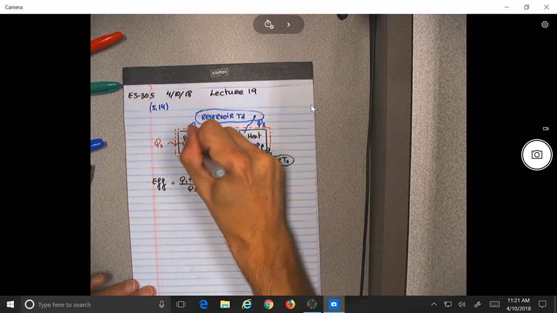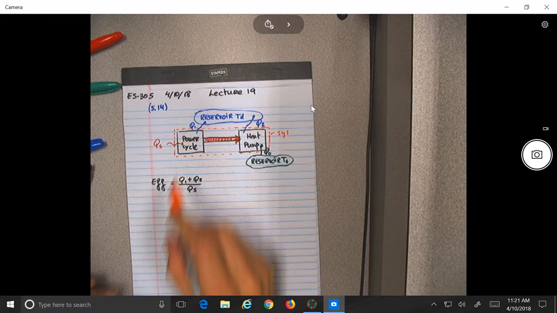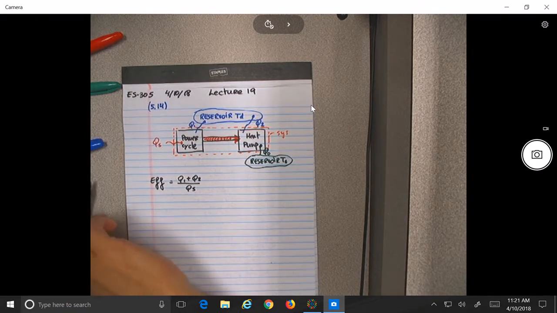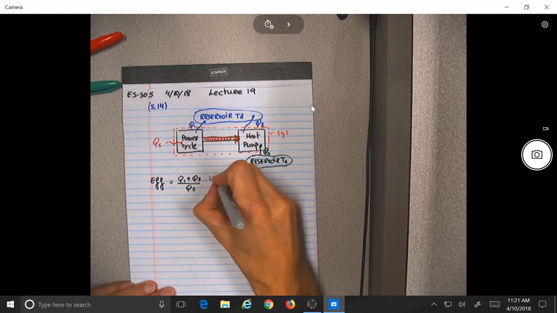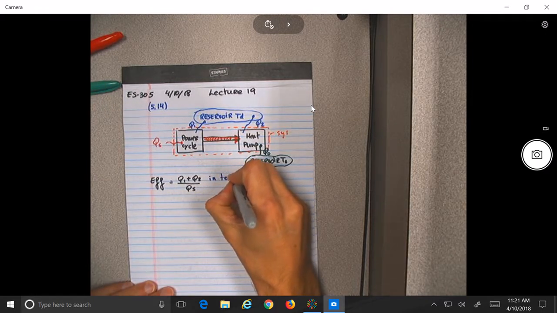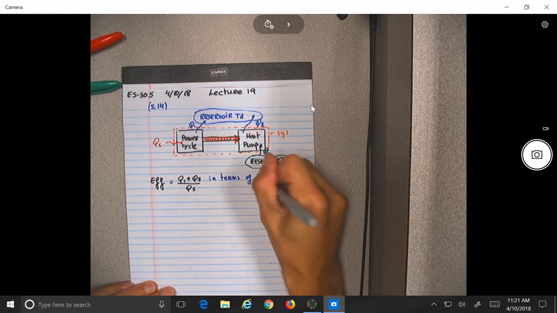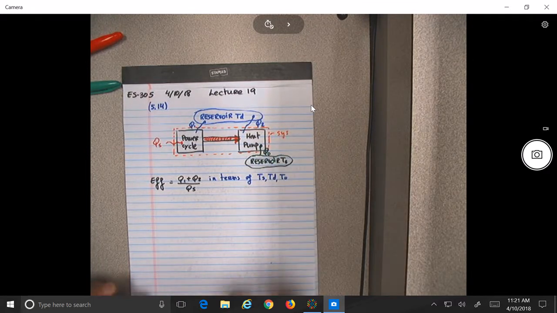The one that is the power cycle plus the heat pump cycle. Okay, so we need to find that in terms of Ts, Td, and T naught.